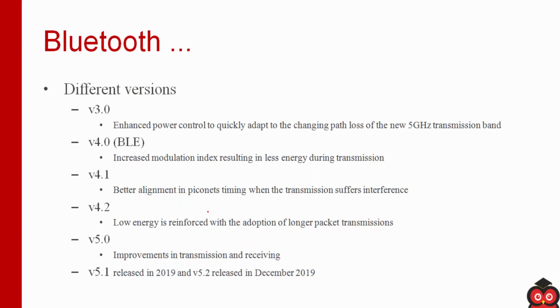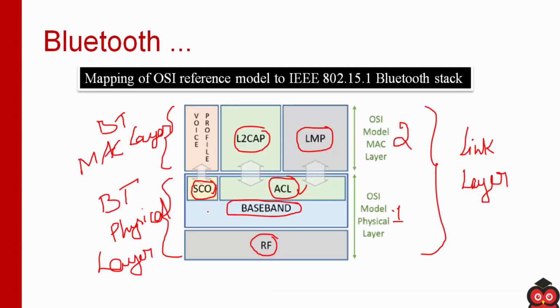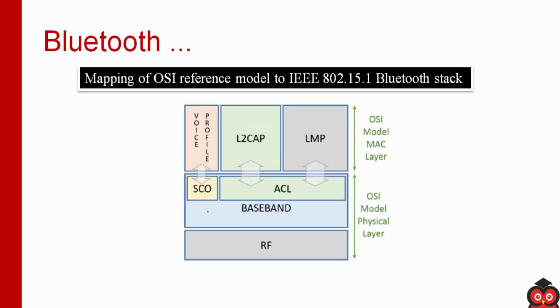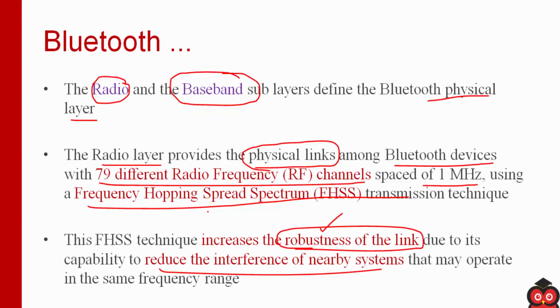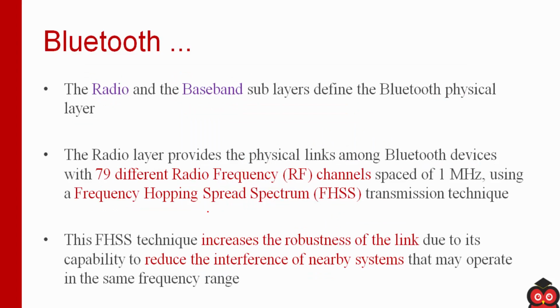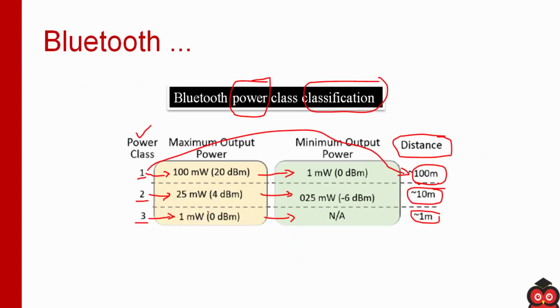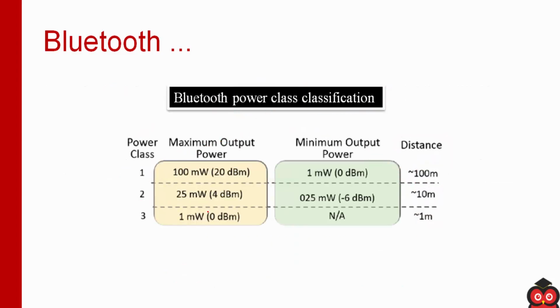The latest version is version 5.2, and we have seen the layers, the Bluetooth stack with respect to the OSI reference model. Then we started with the bottommost layers of the Bluetooth stack, the radio and baseband layers, and we have seen the classification based on power.